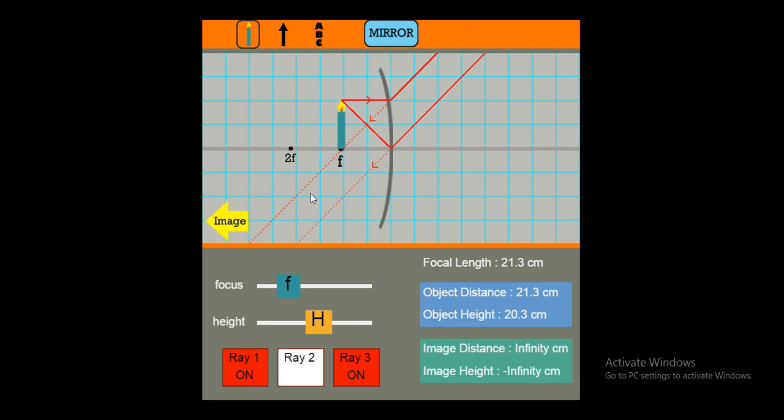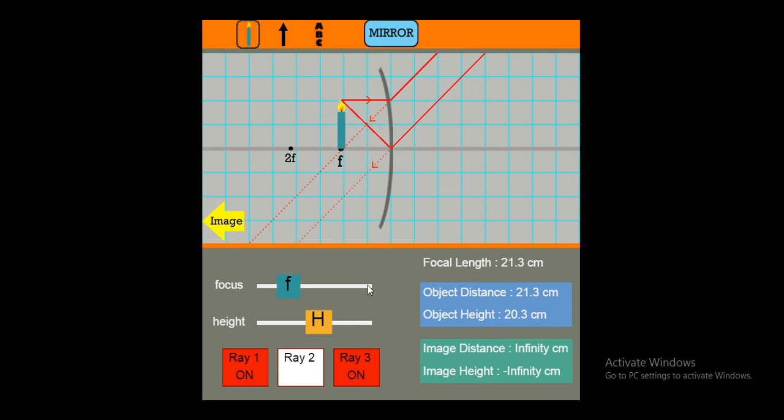Therefore, according to this diagram, the image is formed at infinity. Image distance infinity, image height infinity. Because remember, when the object is placed at F, the focal point, the image is always formed at infinity.